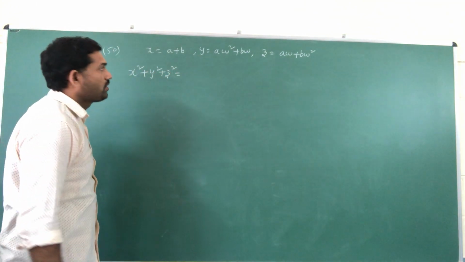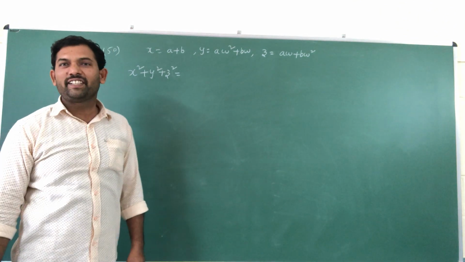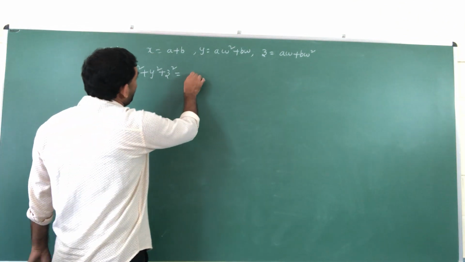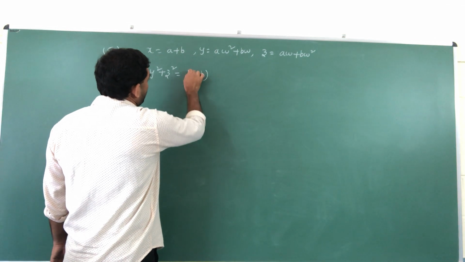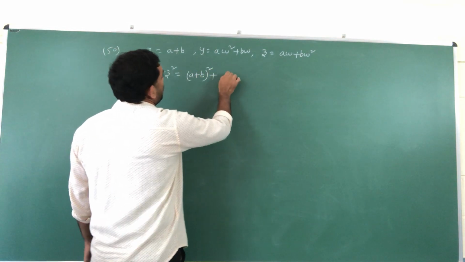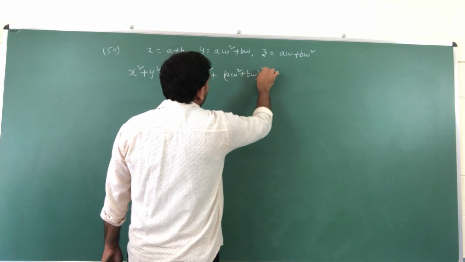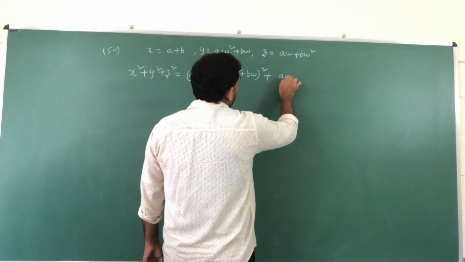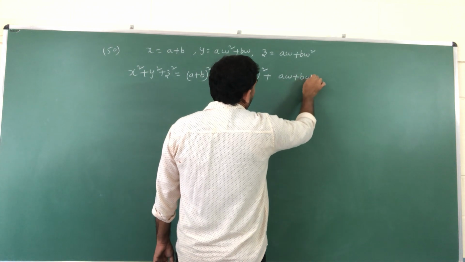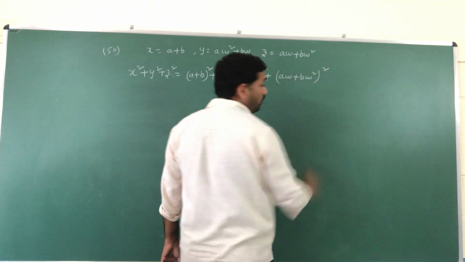So substitute the x value and expand it directly. (a + b)², (aω² + bω)², (aω + bω²)².